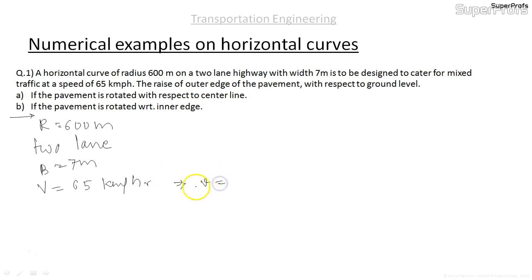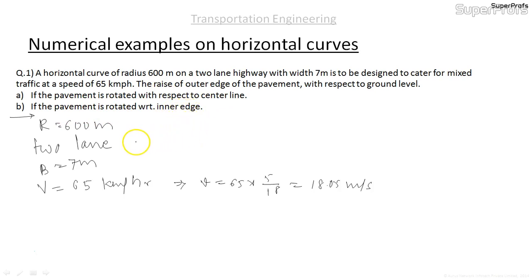meters per second. So small v equals 65 into 5 by 18, that comes out to be 18.05 meters per second. The question asks for the raise of the outer edge of the pavement with respect to ground level if the pavement is rotated with respect to the center line, and if the pavement is rotated with respect to the inner edge.